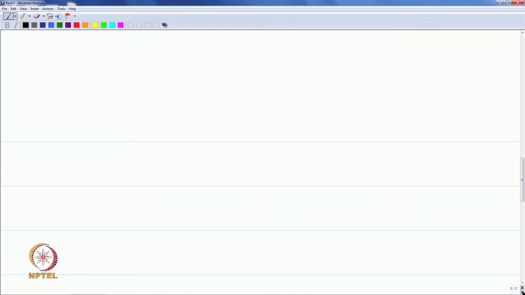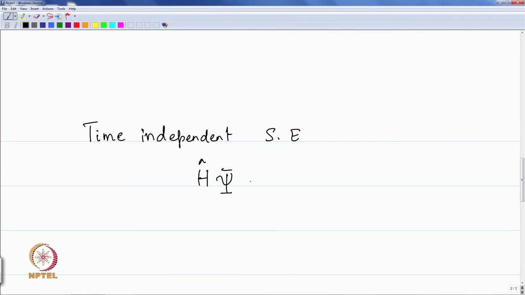In the entire course, it would be nice for me to actually solve the time dependent equation, but I am not going to. I would limit myself to a much smaller subset of the Schrodinger equation known as the time independent Schrodinger equation, which is given by the symbol H. Let me write it with a different wave function, capital psi, as a constant times psi.